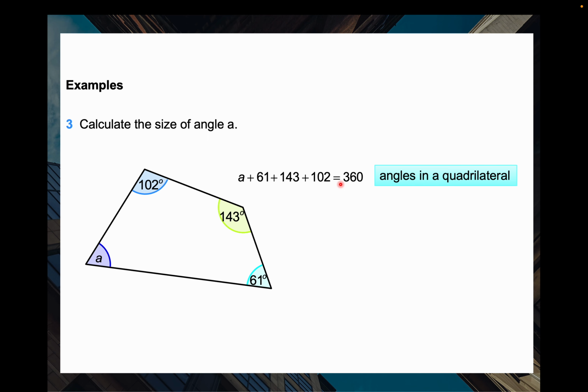So I'm going to add 61 plus 143 plus 102, and then subtract 306 from both sides, and I found that A equals 54 degrees. So the size of A will be 54 degrees.